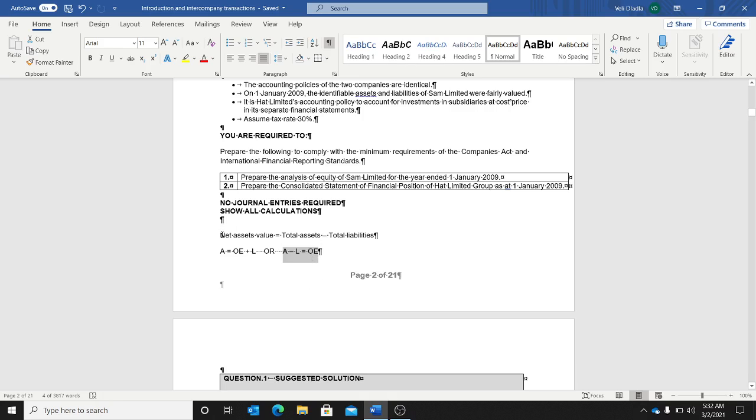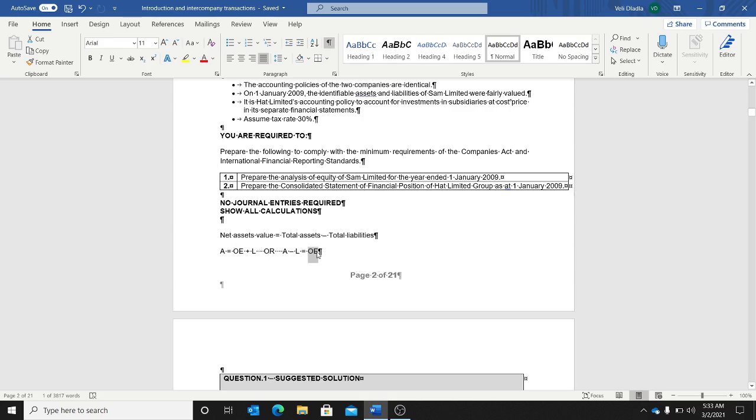Because I was defining what we call the net asset value. So the accounting equation, when you look at the balance sheet, can be expressed as A minus L equals OE, right? So that is what is happening here.